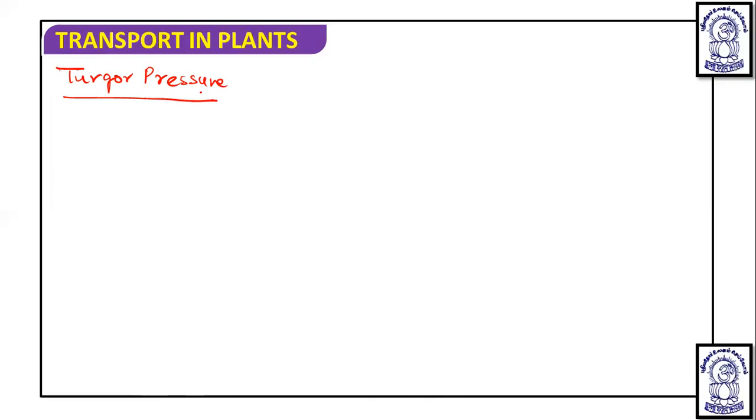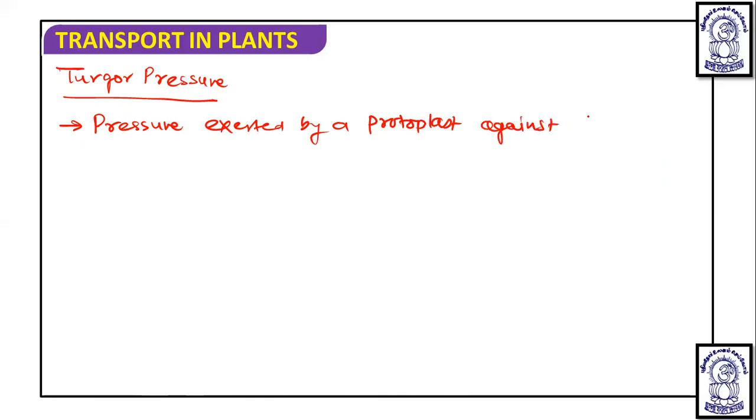So if we talk about turgor pressure, it is a pressure exerted by a protoplast against the cell wall.